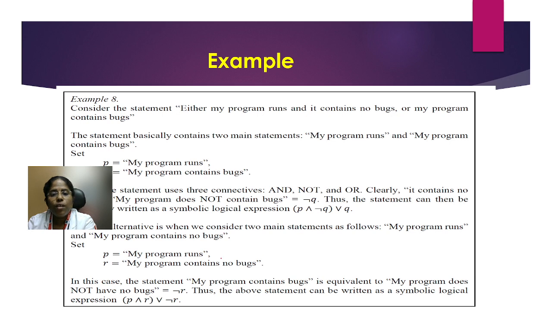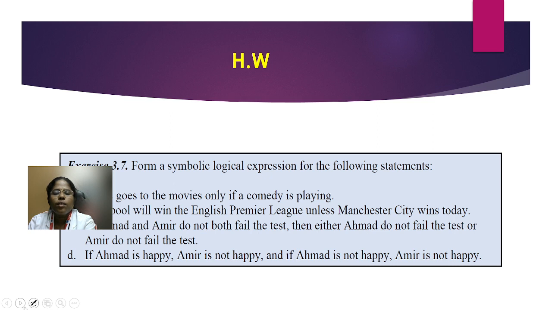If P represents my program runs and R represents my program contains no bugs, then your statement will come like this. Please note it. The opposite of this is with not or. Instead of not here, you will have not or here. The next one, take it as homework.